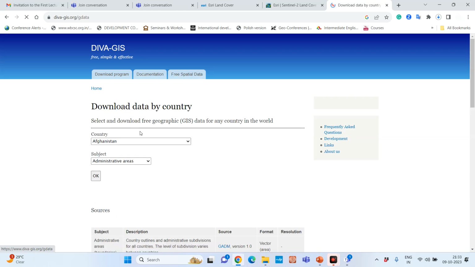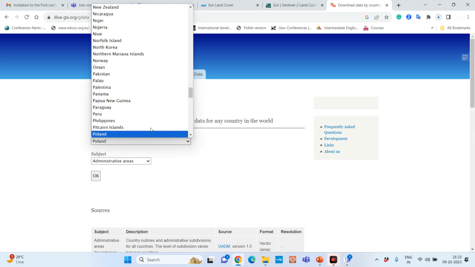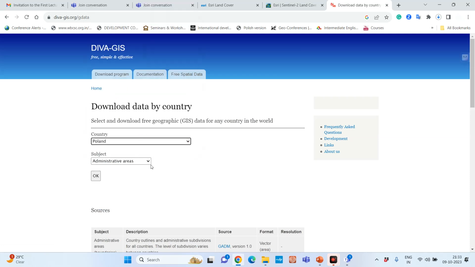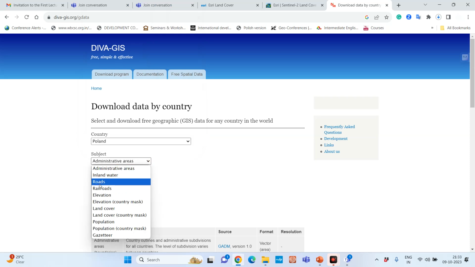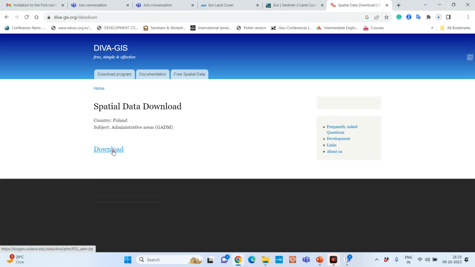From here I downloaded. So from here you go to Poland, administrative boundary, roads are also there, rail line also there, elevation also there. So what kind of data is this? This is vector data, because you can edit this data.